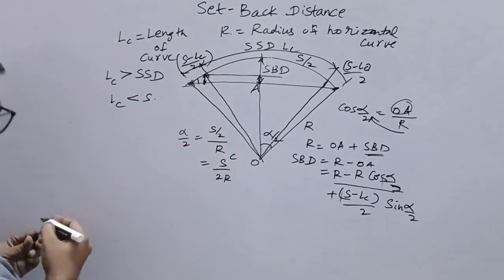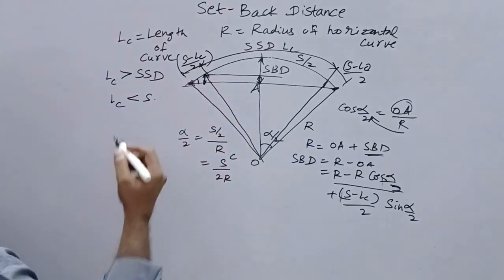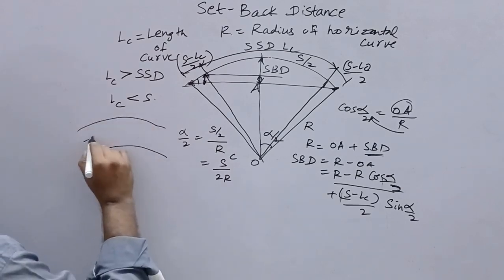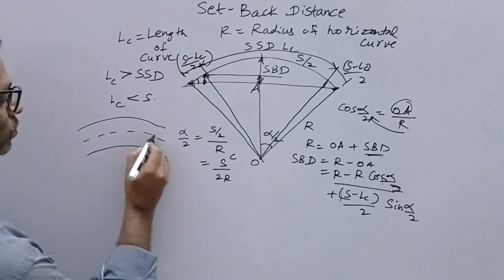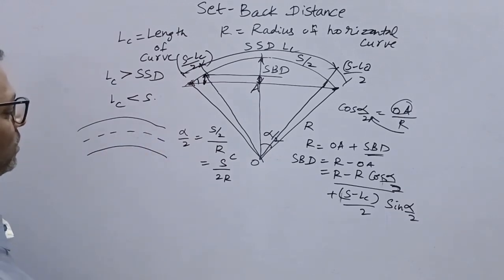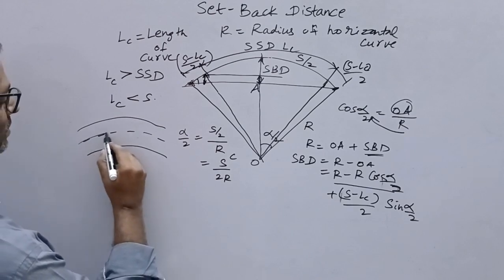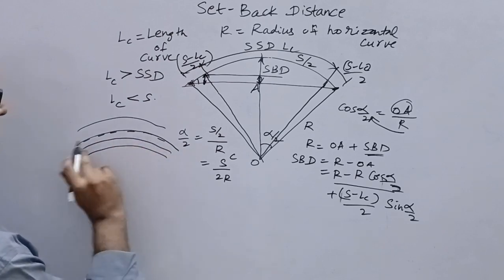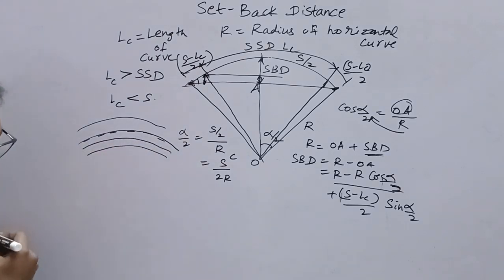Now what happens if the number of lanes increases? Suppose the number of lanes is now 2. This is the center line, and this is the center of the inner lane. This one I will take in blue color.